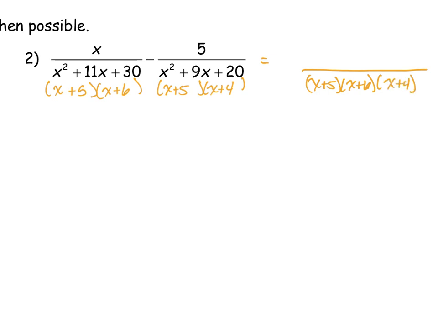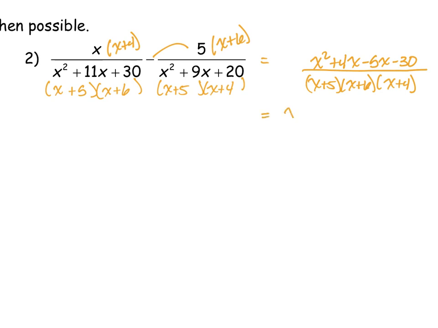Okay, so this denominator needs an x plus 4. And this one needs an x plus 6. So I'm going to get x squared plus 4x, and this is a negative 5, so minus 5x, minus 30.